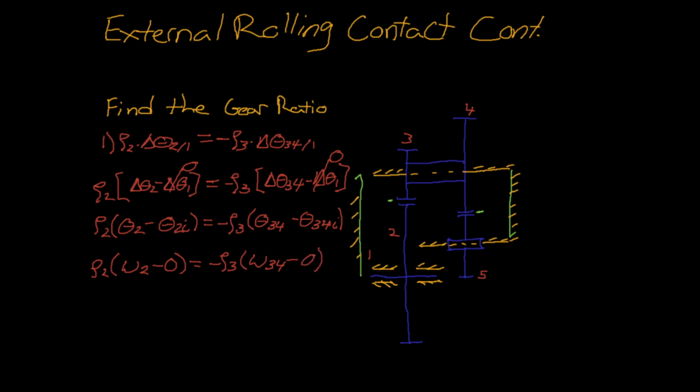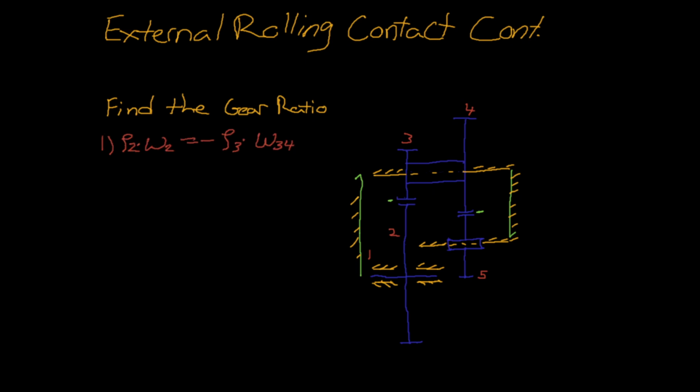Simplifying this a little bit gives ρ2 times omega 2 is equal to minus ρ3 times omega 3, 4.